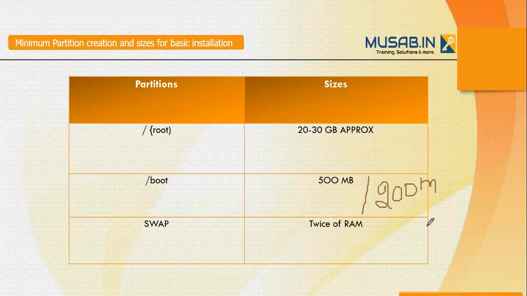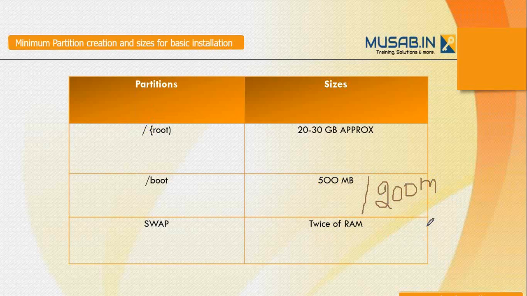But in Red Hat 7, they have introduced the new version of GRUB, that is GRUB 2, which requires more size. That's the reason we need 500 MB. So generally the people who work with Red Hat 5 or 6 might know only 200 MB, but now it has been increased to 500 because of the change in your bootloader.